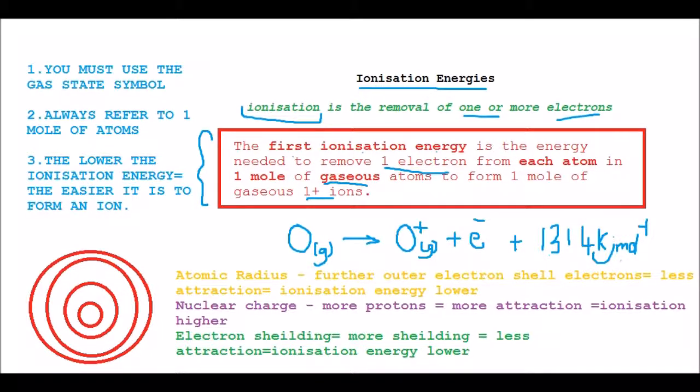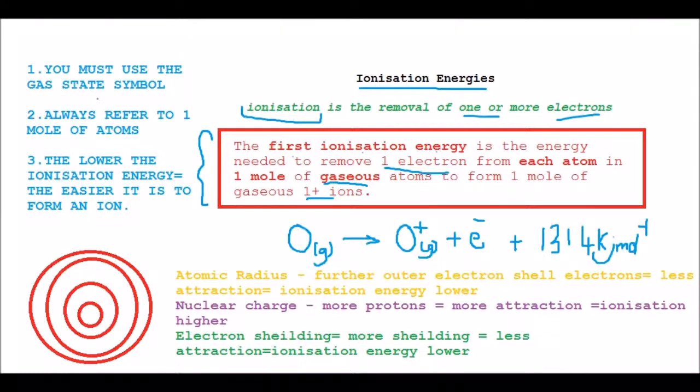So that's how much energy is required to remove the electron from the oxygen atom. These are the things that you need to learn as the gospel for ionisation energy.